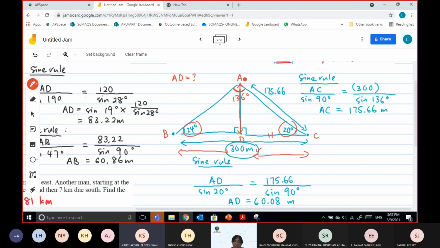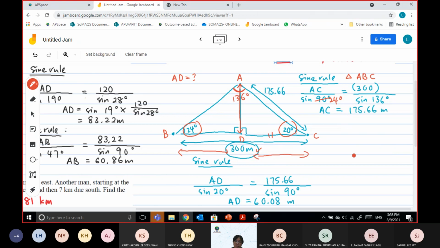Okay, sorry, this is triangle ABC, my mistake. I'm using the big triangle ABC, so 300 over sine 136 equals AC over sine 24, correct. You are right, it should be 24. Sorry.